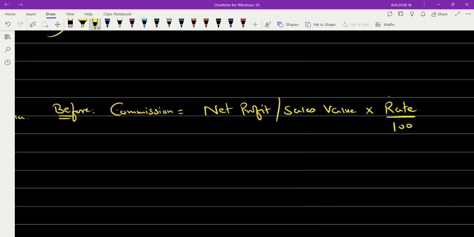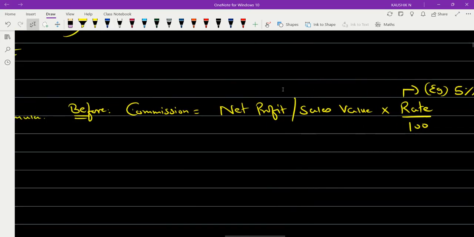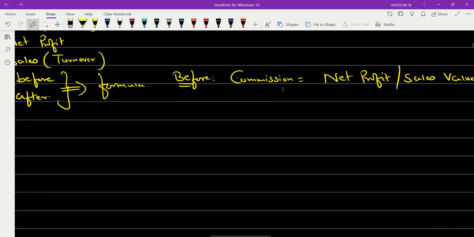What is this rate? Suppose it is given as 5 percentage, then it will be 5 by 100. So whatever the rate mentioned, you substitute it in the formula. So net profit into rate by 100, or if it is on sales, then sales into rate by 100. Is it clear to you, if it is a before formula?